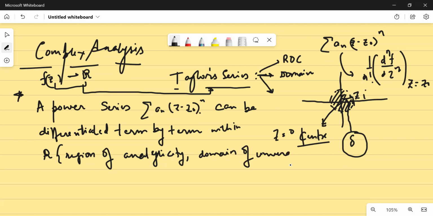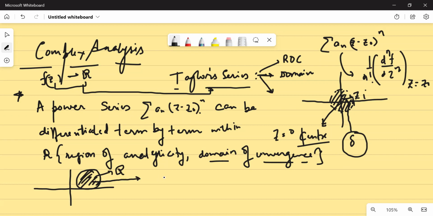So where your power series is convergent in that particular zone, let's say I can write my power series about z equal to z naught and it is convergent in this particular domain, region R, then I can say that in this region R, I can differentiate it term by term. So differentiating the function would imply differentiating the power series representation of that particular function about z equal to z naught.